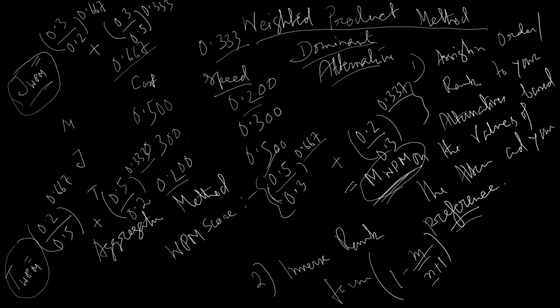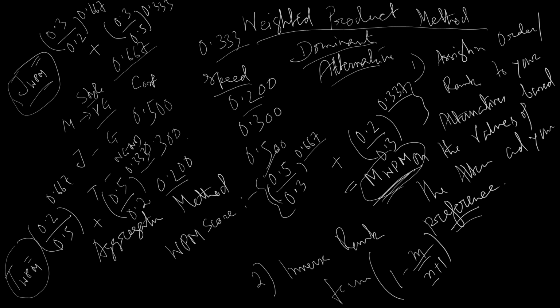Suppose I introduce style in this problem. For Maruti, I will say the style is very good. For Jaguar, it will be good. For Toyota, it will be neither good nor bad. These are just randomly chosen.